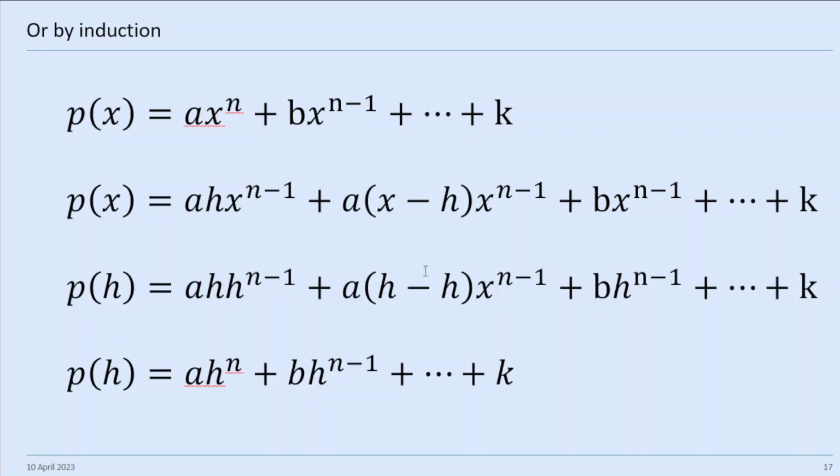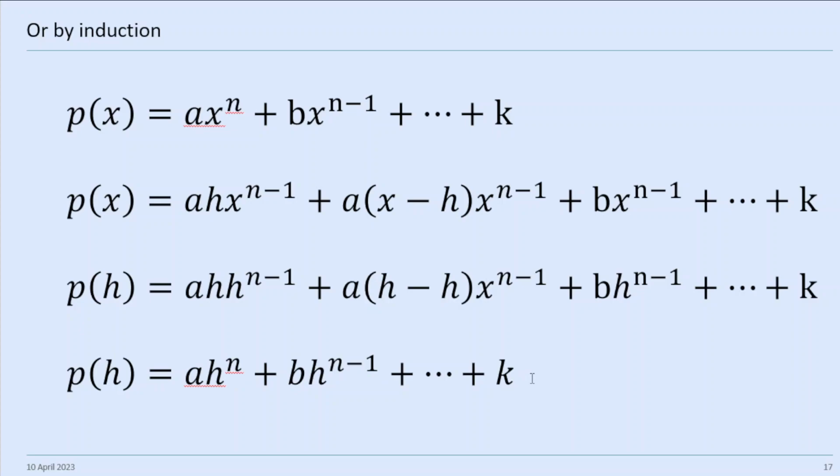The middle term, again, is a polynomial of degree n minus 1, so we can assume the same thing, and this one's going to go to 0. And the same is true of the later terms. They're all polynomials of degree n minus 1. So we can put in h for all of the x's, and we basically get remainder p of h equals a h to the n plus b h to the n minus 1 plus dot dot dot plus k.